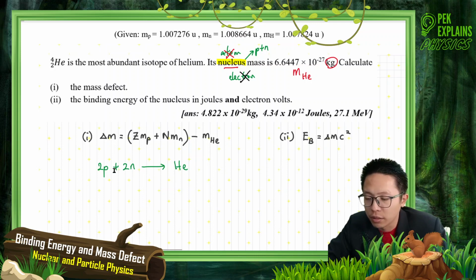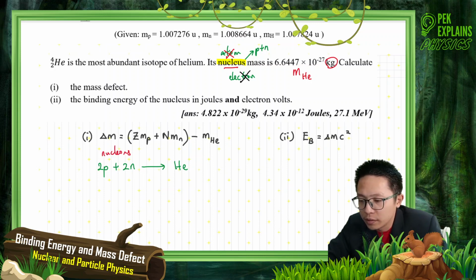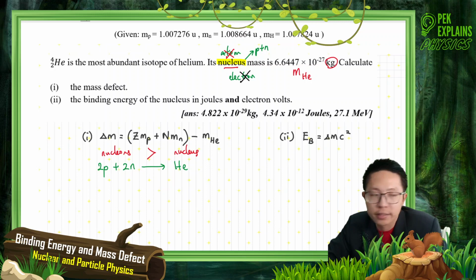We know that the nucleons always have more mass than the nucleus, so we always take the big minus the small.